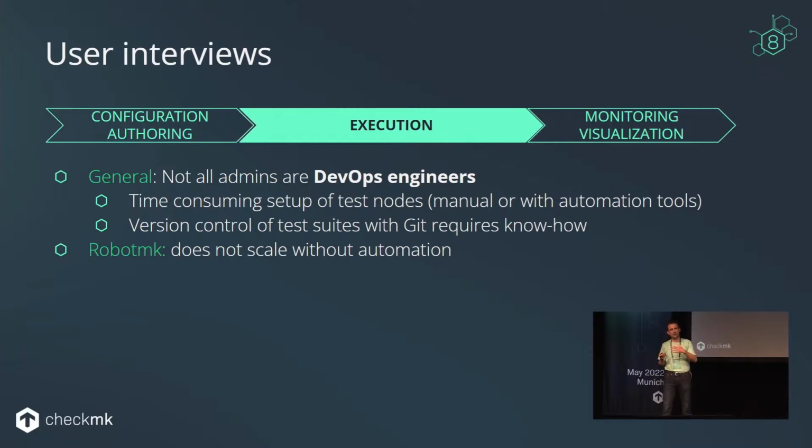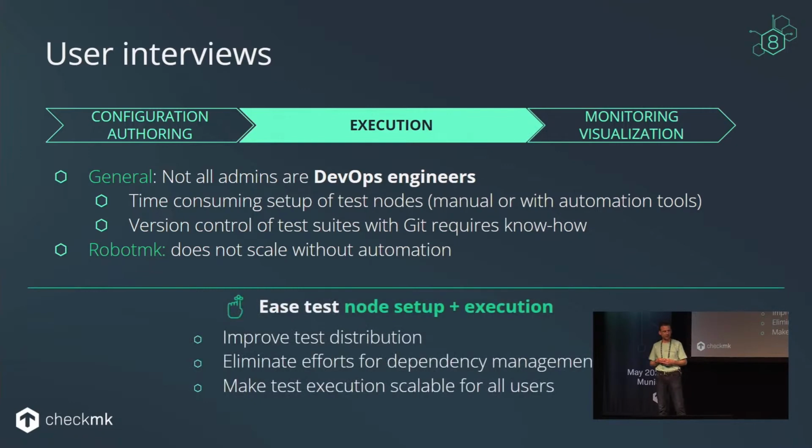Furthermore, administrators, or most of the administrators, know the need for a version control system for their test cases, but Git is often too hard for them. We have also seen in the case of Robotmk that without any automation software, it's almost impossible to build this in a scalable way. So the efforts will grow exponentially if you are doing this without an automation tool.